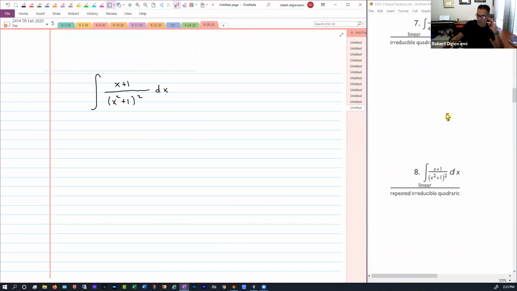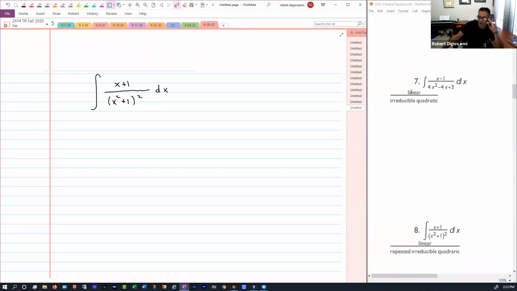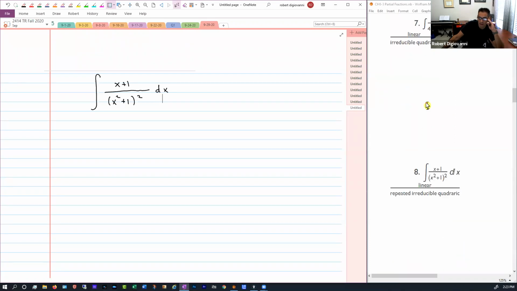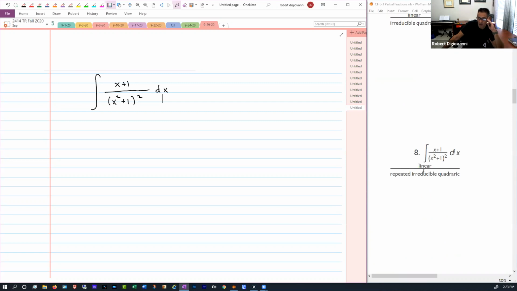All right, so the one we just did was a linear expression over an irreducible quadratic, right? This next one is a linear expression over a repeated irreducible quadratic. So this part in yellow is the irreducible quadratic.